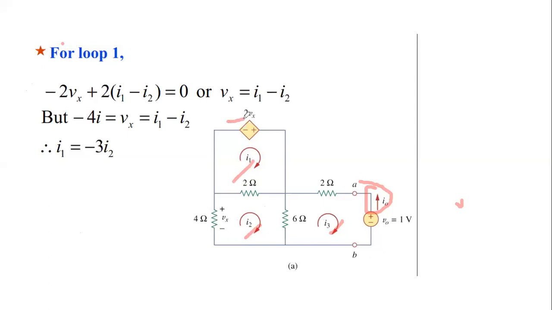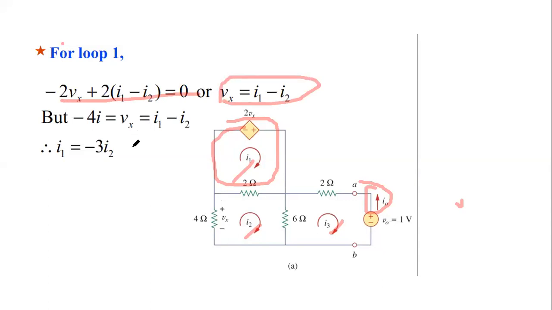We move from here, minus Vx plus 2 into I1 minus I2 equal to 0. Minus Vx, 2Vx plus 2I1 minus I2 equal to 0. I hope this is clear. So from here we get an equation, this one.